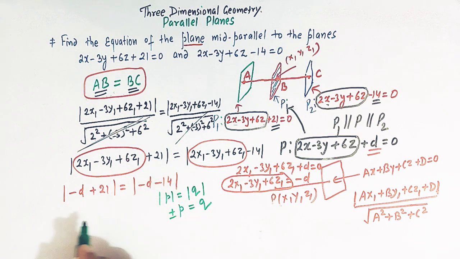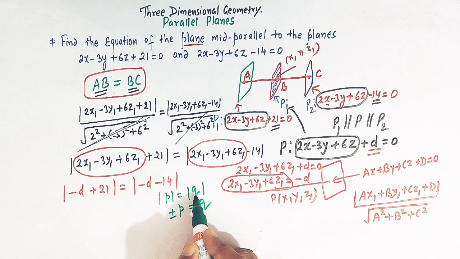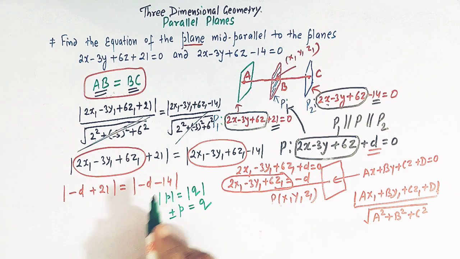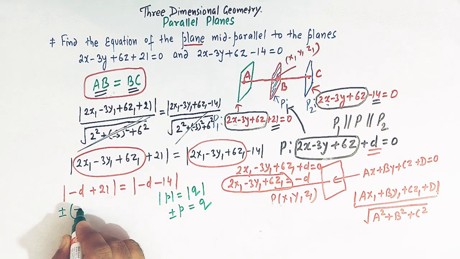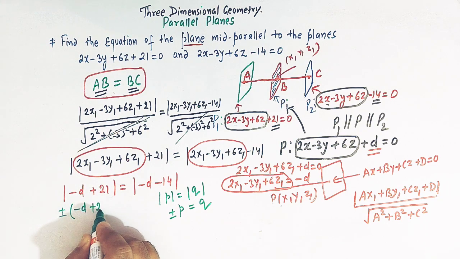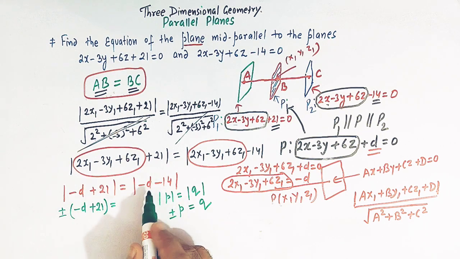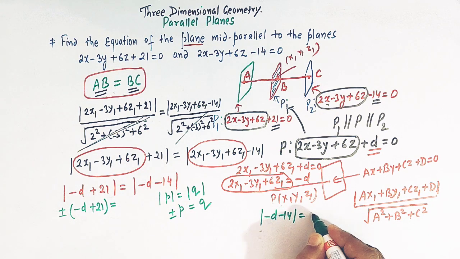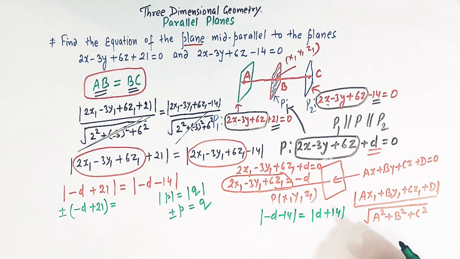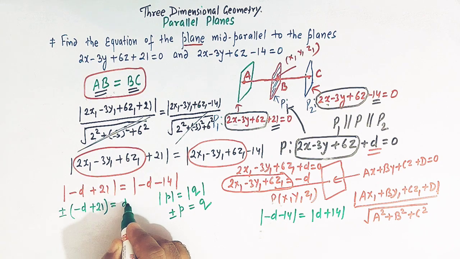So here the value of P is -d + 21 and Q is -d - 14. So we can now write plus minus (-d + 21), and here mod of (-d - 14) can be written simply as mod of (d + 14), so that is simply equal to d + 14, right?